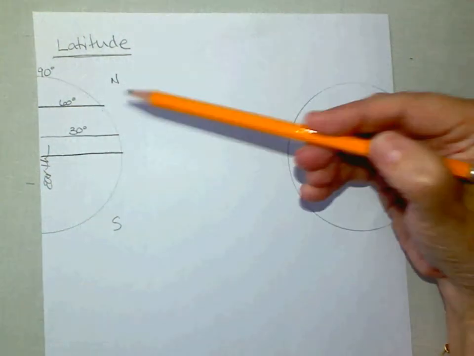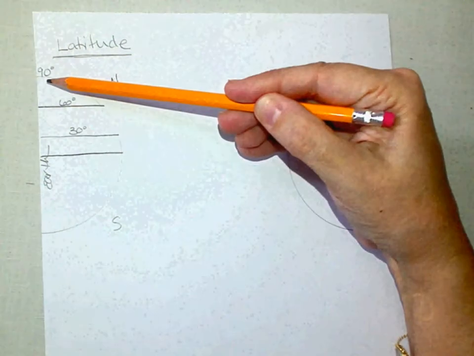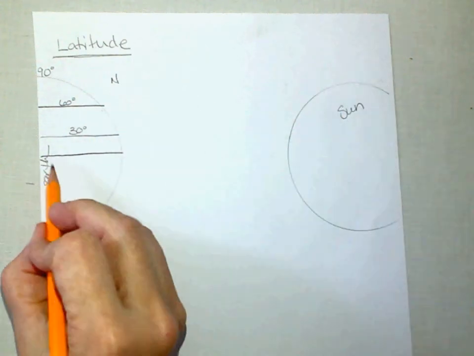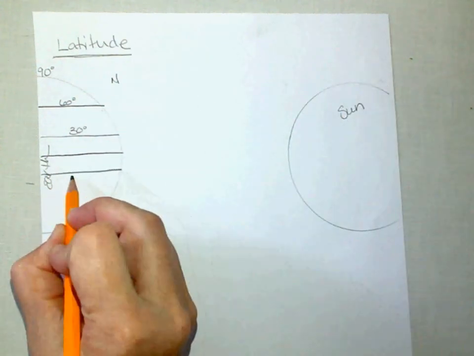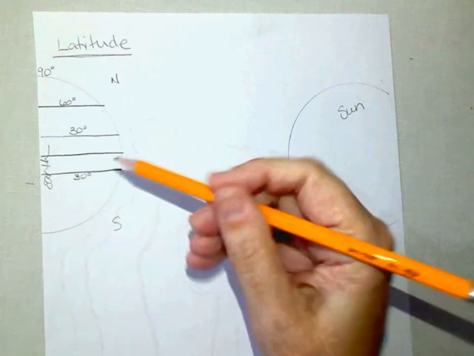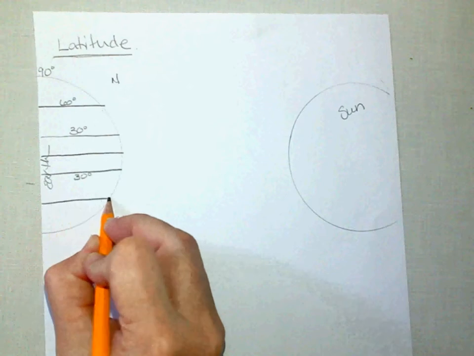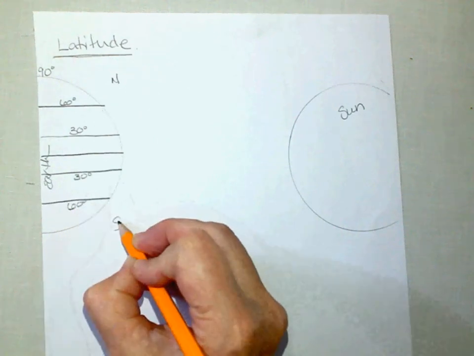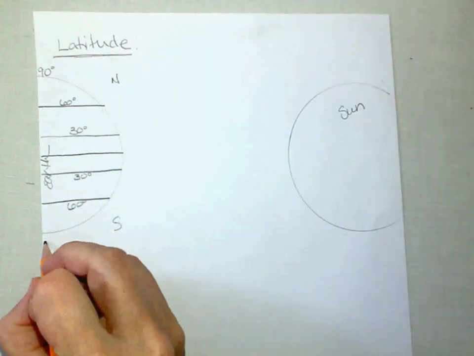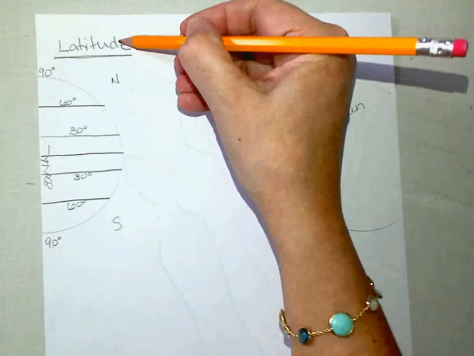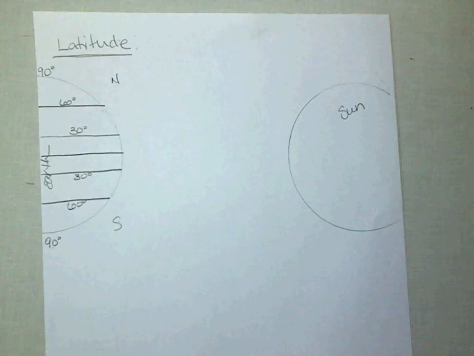And of course, if it's this way in the north, you know it's going to be the opposite way in the south. So here we're going to have a 30-degree south latitude, then a 60-degree south latitude, and then down here at the poles we have a 90-degree south latitude. On any map you can begin to find things by looking at their latitudes.